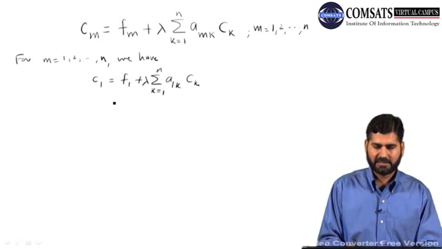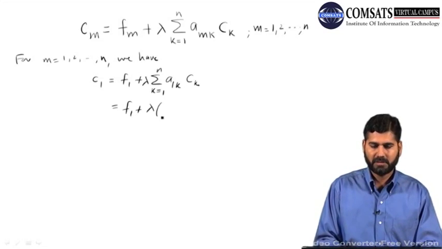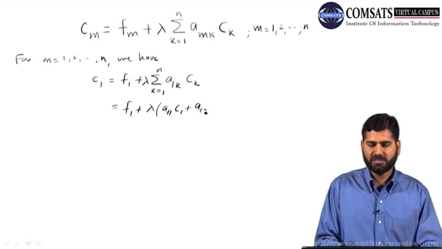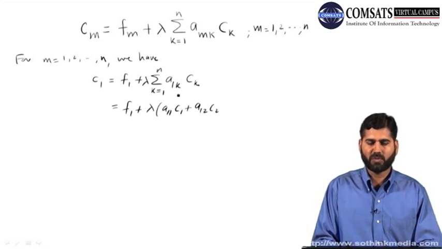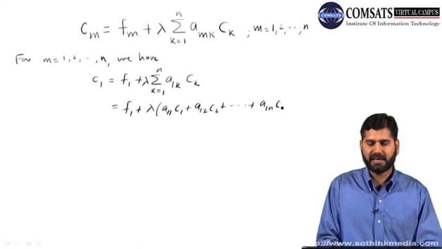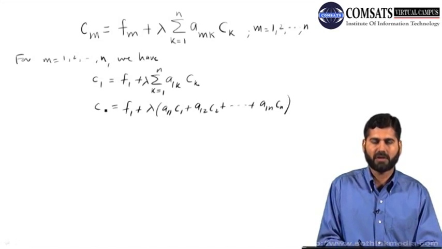So you can write it as f1 plus lambda times a11 c1 plus a12 c2, and so on up to a1n cn. So this is what you got for c1.